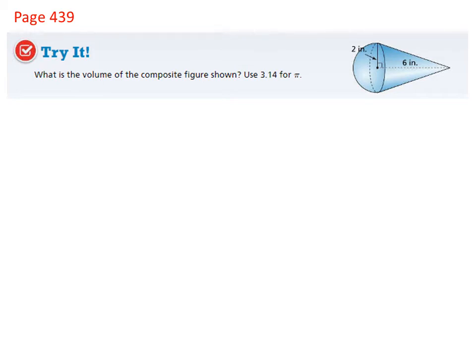Of course, we can find the volume of a sphere. Volume of a sphere equals 4/3 pi r cubed. But here we need half the volume of the sphere. So we can find the volume of the sphere, then divide by 2, or we can multiply the volume of the sphere times half. Okay, so the volume of the hemisphere equals half times 4/3 pi r cubed.